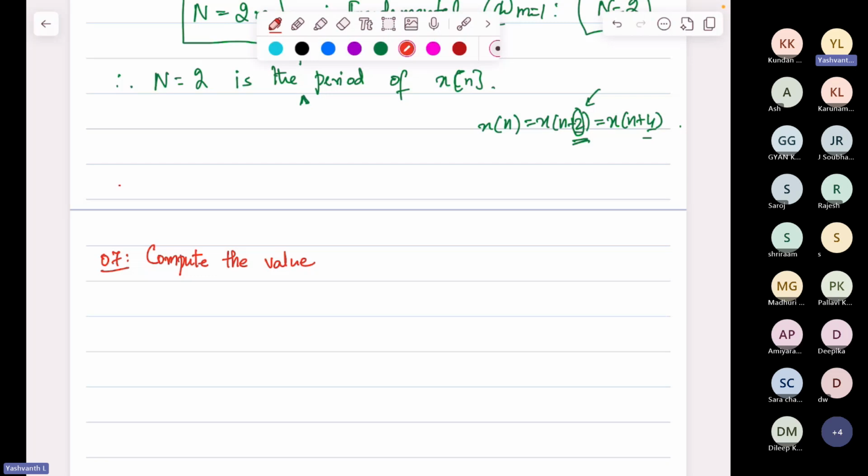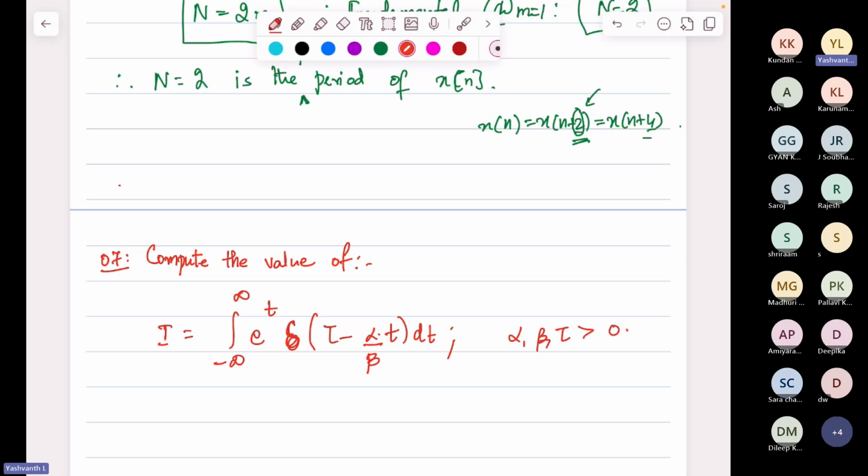Now let's compute. The next question is to compute the value of the integral I equal to the integral from minus infinity to plus infinity of e to the power t times the impulse function delta of tau minus alpha by beta times t, dt, where alpha, beta, and tau are some positive numbers.